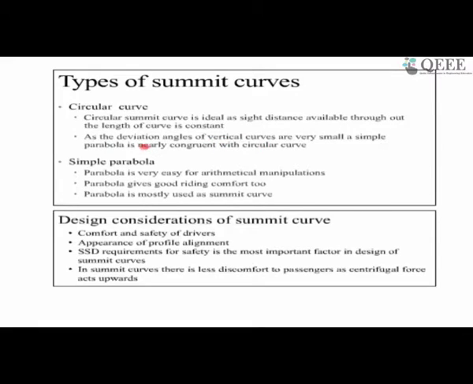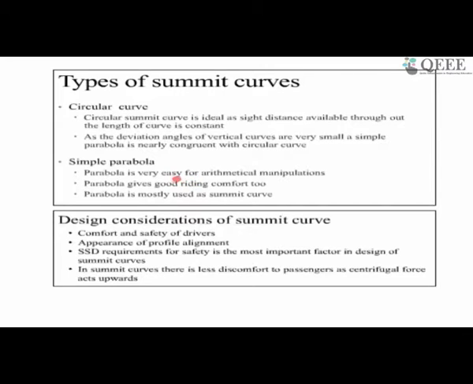Apart from that, the deviation angle of vertical curves is going to remain almost constant along the circular curve. But whenever we construct in the field, the actual deviation is quite small, and if the actual deviation is quite small, then we can easily fit a parabolic curve, which is almost like a circular curve. Why do we choose a parabolic curve, simple parabola particularly?